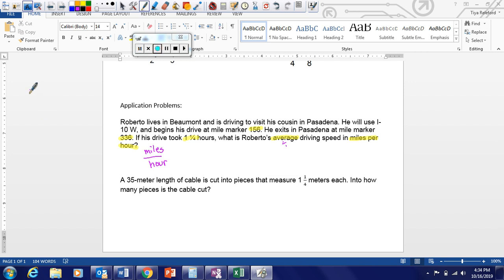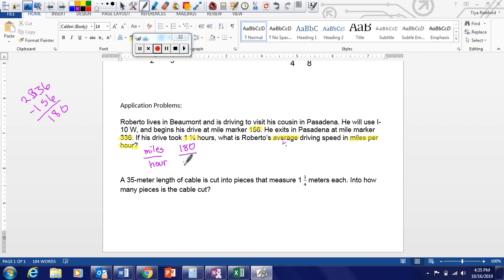So if he started at 156 and stopped at 336, if we subtract, that'll tell us how many miles he traveled in between. So my miles is 180.